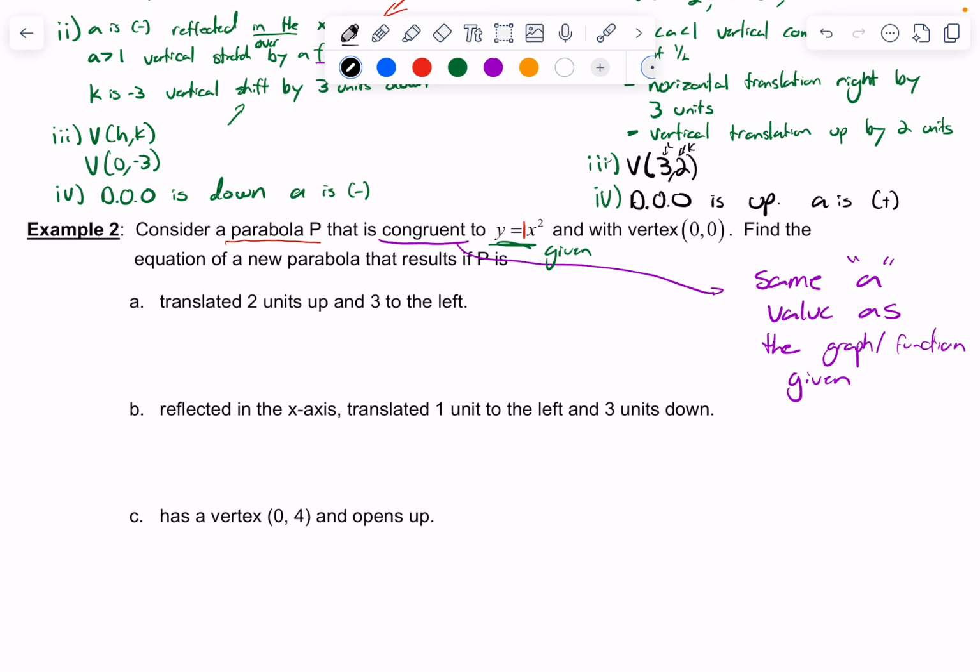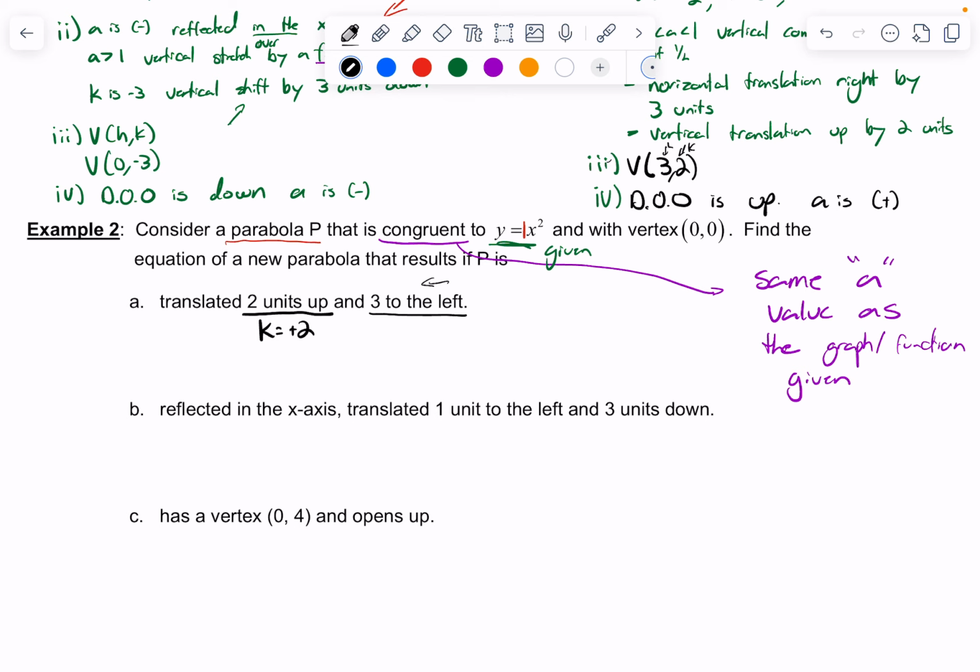So translating 2 units up, well, 2 units up means k is positive 2. 3 units to the left, again, think opposite, okay? So what would you see inside the brackets if you were moving left?